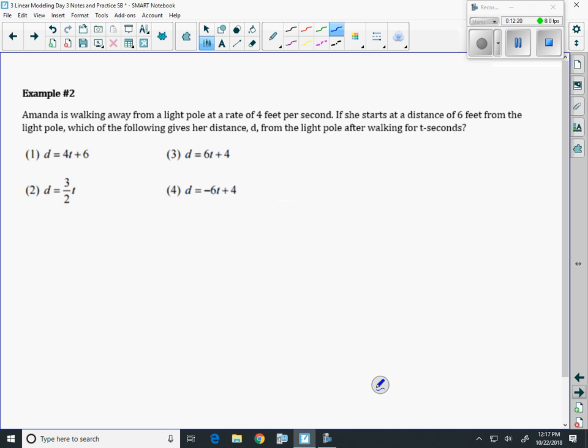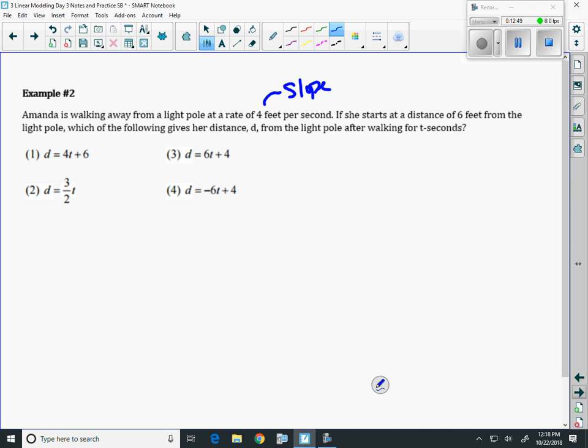So, example 2, we have Amanda. She's walking away from a light pole at a rate of 4 feet per second. Let's stop there. If she's walking at a rate of 4 feet per second, tell me what that is in terms of an equation. That's a slope, right? It's something that's constantly happening. And she starts at a distance of 6 feet from the light pole.